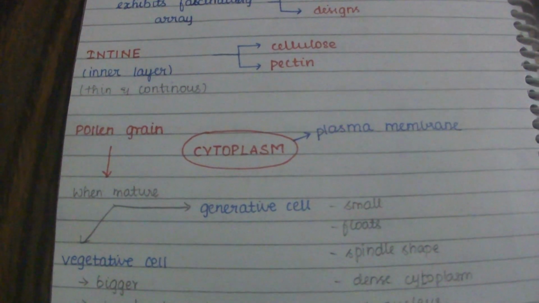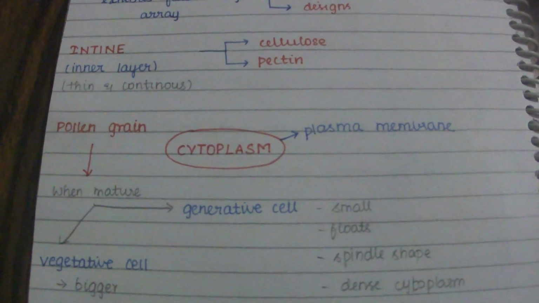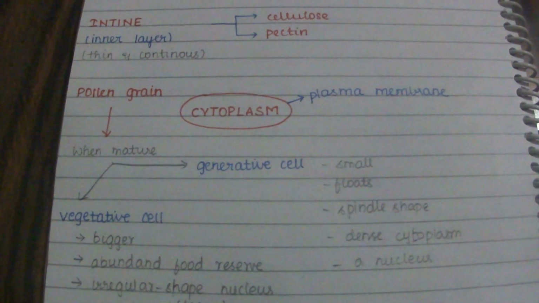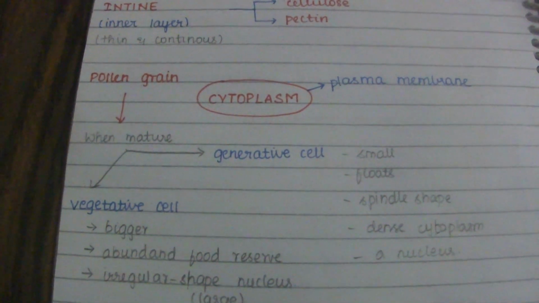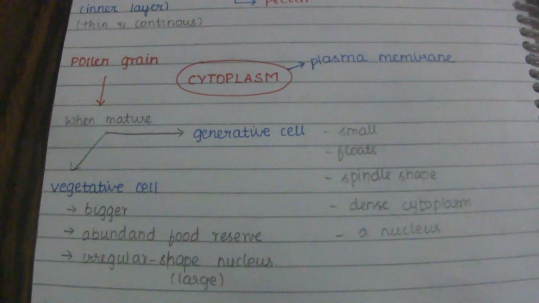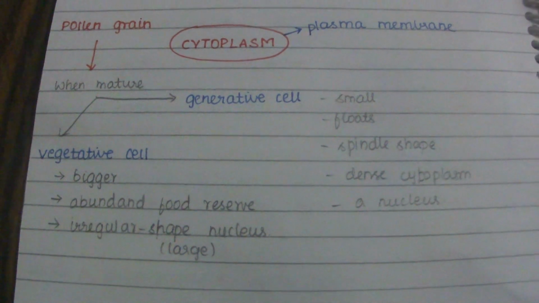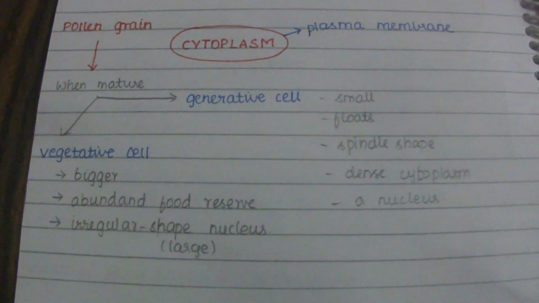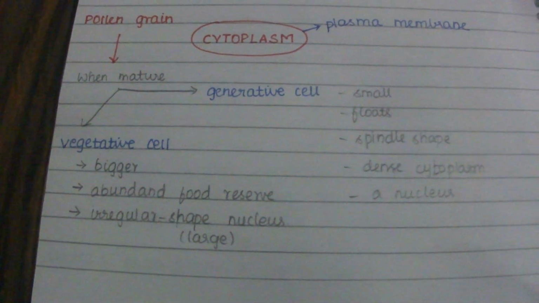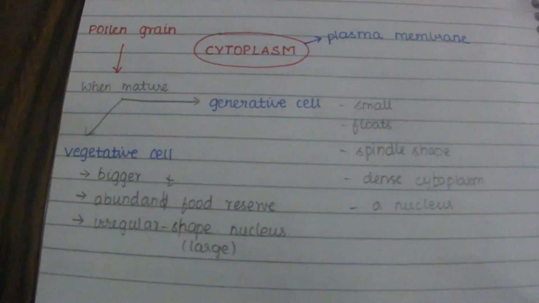The cytoplasm of the pollen grain is surrounded by the plasma membrane. When the pollen grain matures, it contains two cells: one is called the vegetative cell and the other the generative cell. The vegetative cell is big and has an abundant food reserve.